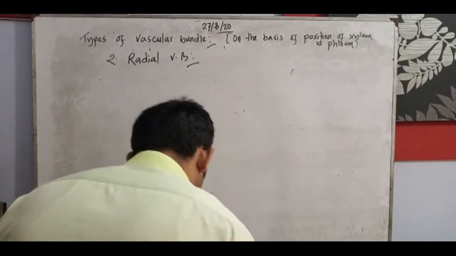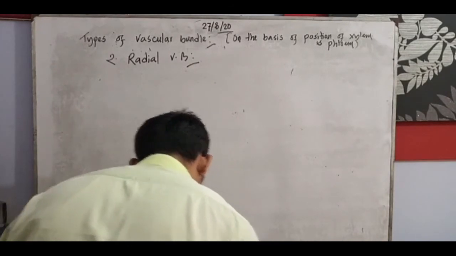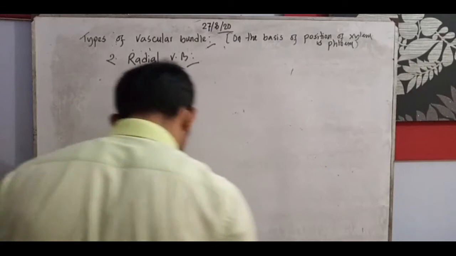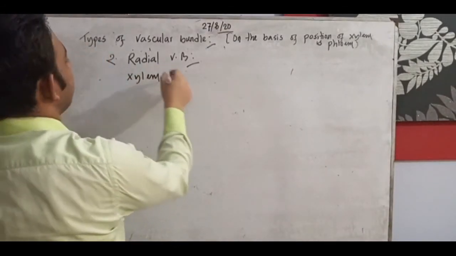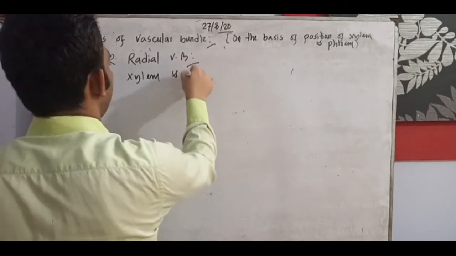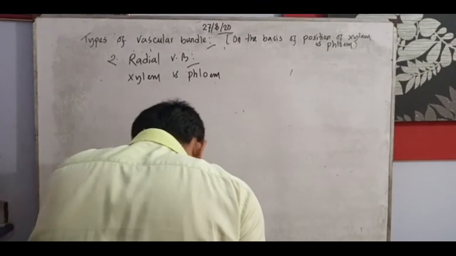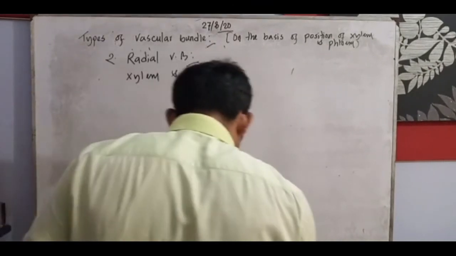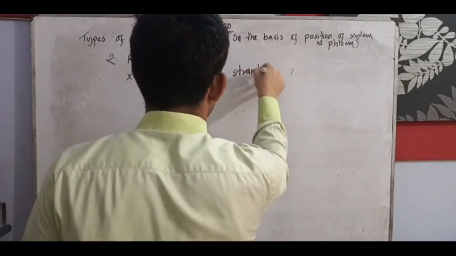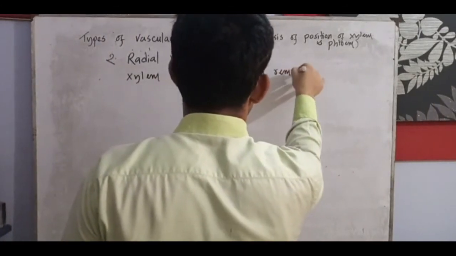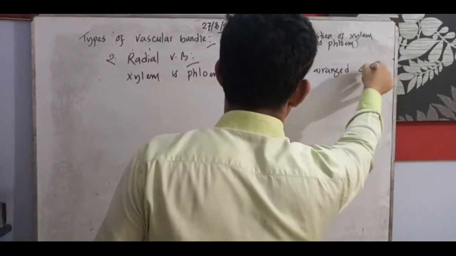When xylem and phloem strands remain arranged on different radii.